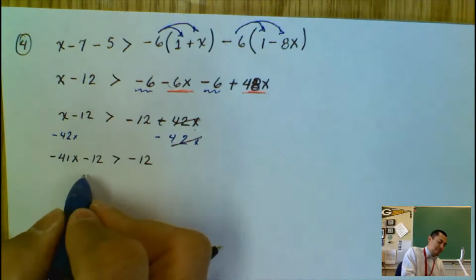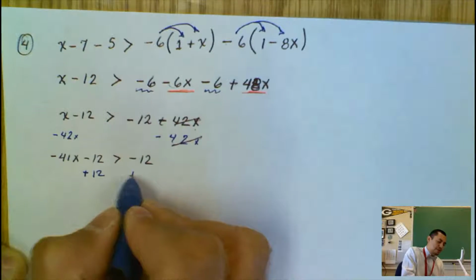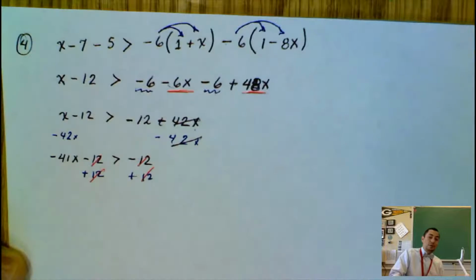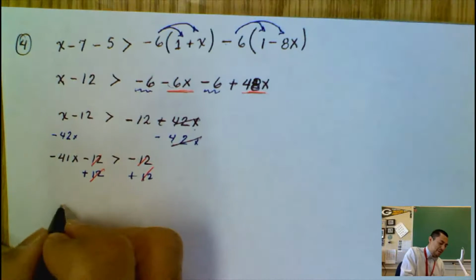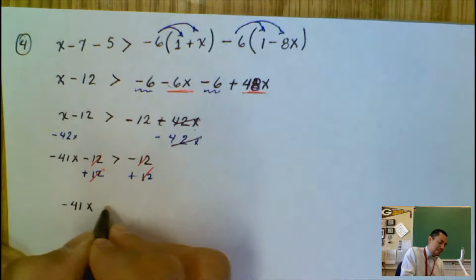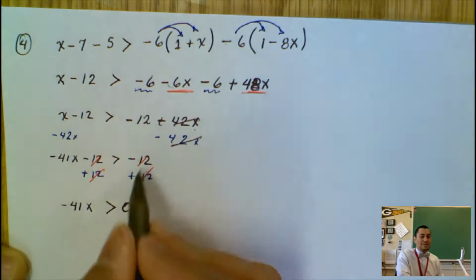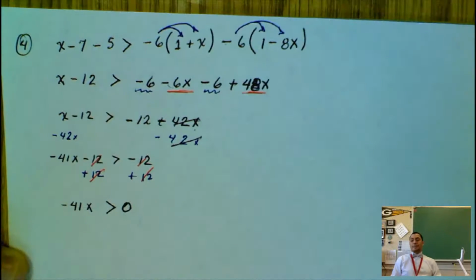Now this 12 is negative, so plus 12, plus 12 cancels out on both sides, as you can see. So I have negative 41x is greater than 0. If this one cancels out, it is 0. So you get 0 on that side.